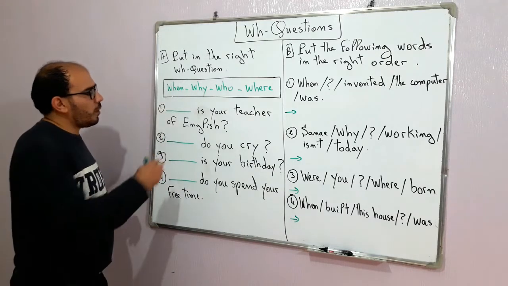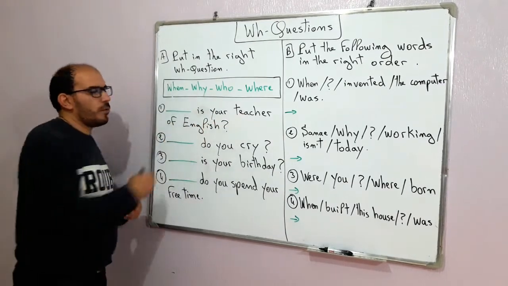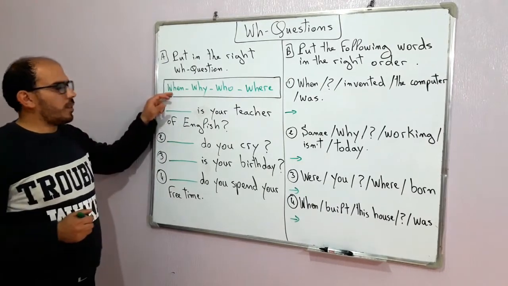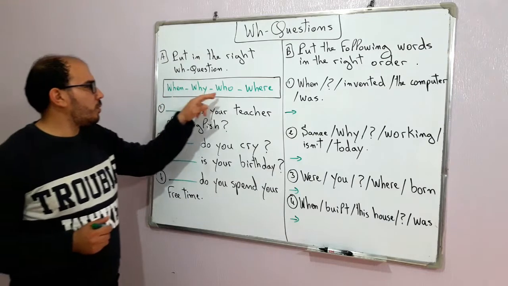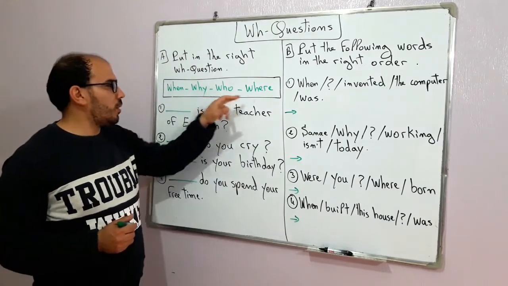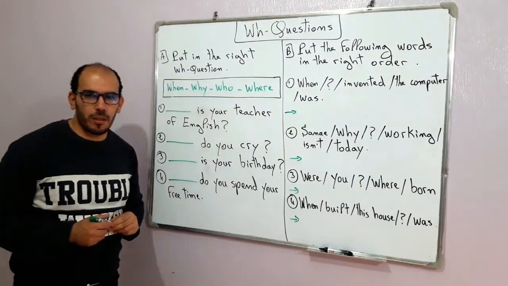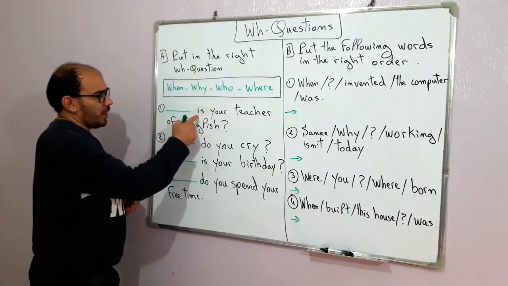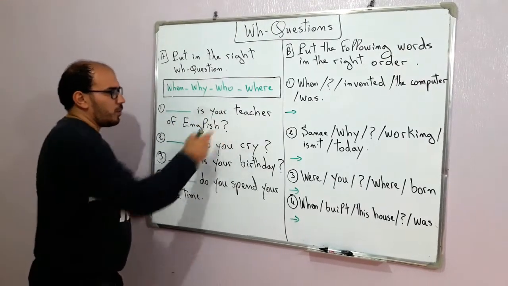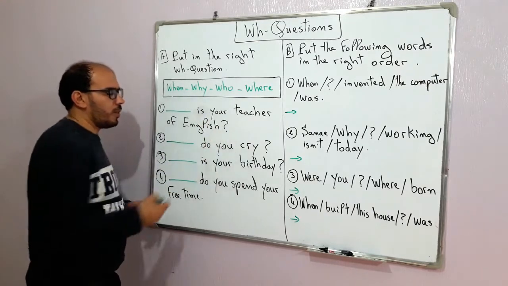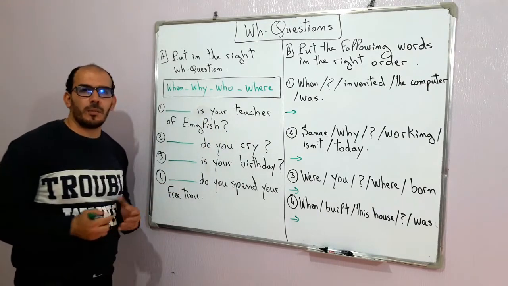Right, so the first one is your teacher of English. The first thing is that we use when to ask for time, why to ask for reason or cause, who to ask for someone, where to ask for place. When I say is your teacher of English, I'm asking about your teacher of English, and your teacher of English is a person.